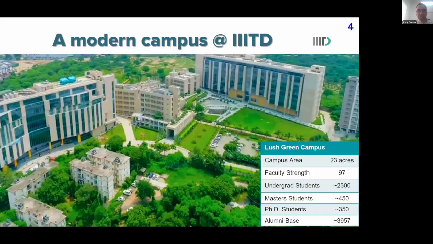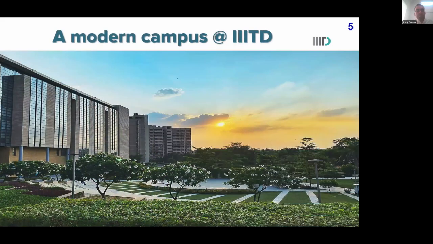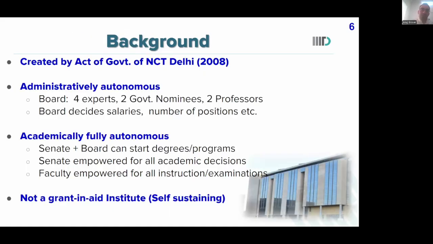So IIIT Delhi, this is how the campus looks like, is a state university established by the government of NCT of Delhi. And it is administratively autonomous, which has a board which is made up of professors and a lot of industry experts.